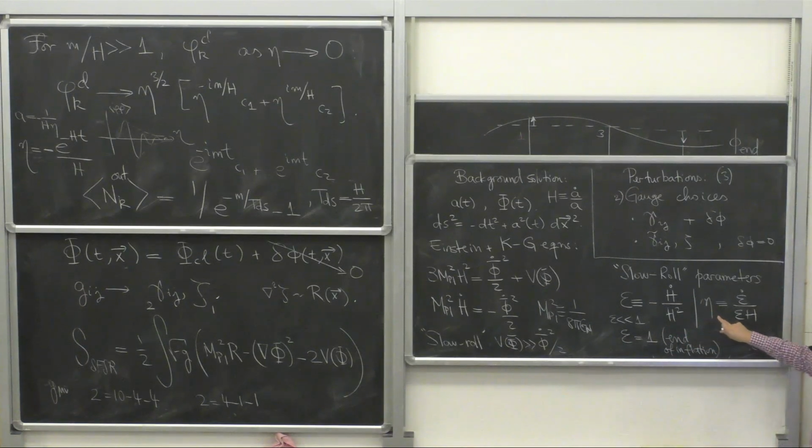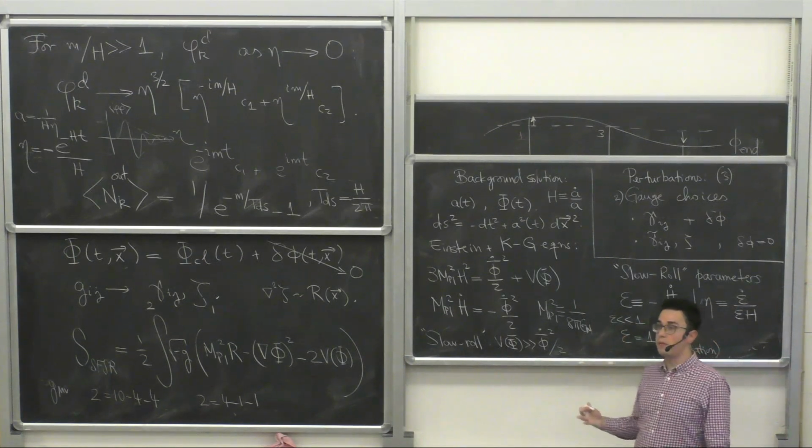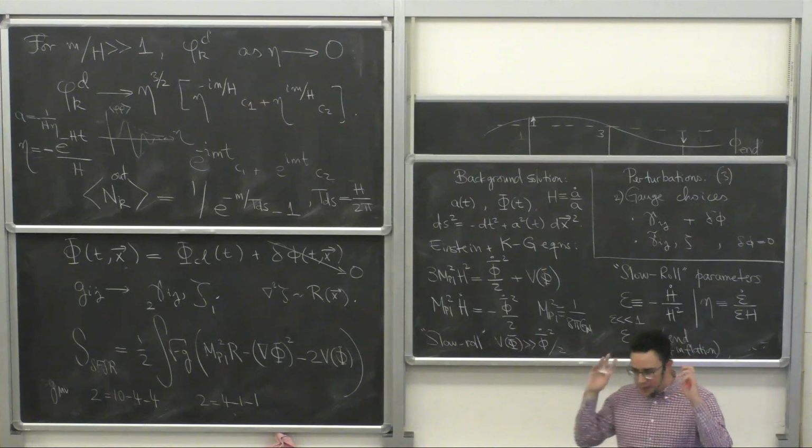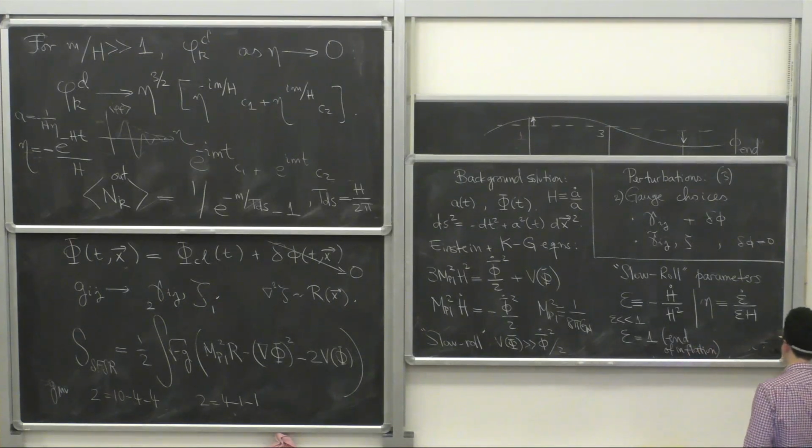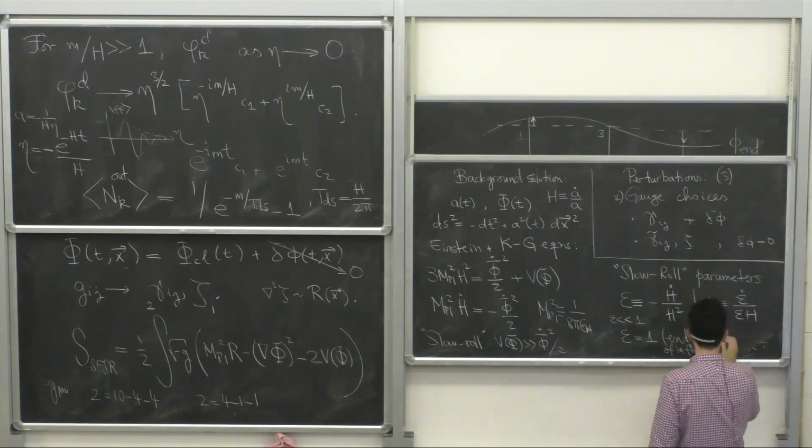Bad notation, this eta has nothing to do with conformal time. It's just some proxy for how slowly you're rolling. But it's standard notation, okay? Sorry. It is called the eta parameter. It's really related to the second derivative of V. It's related to the effective mass of the potential. So you want epsilon and eta to be much smaller than 1.